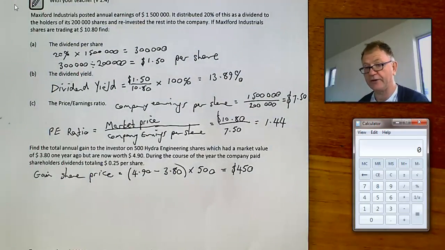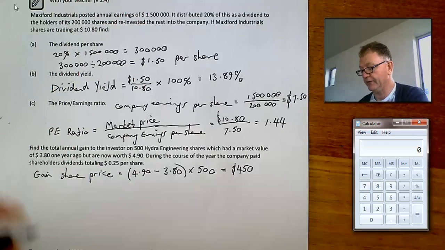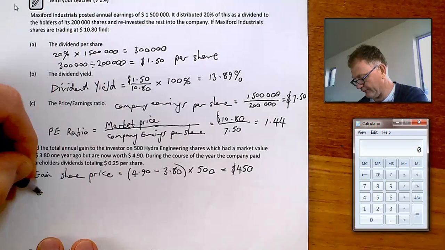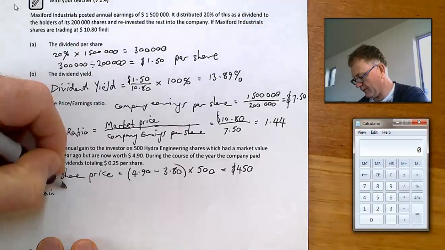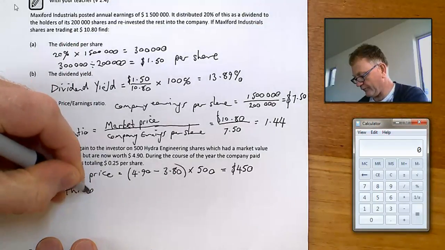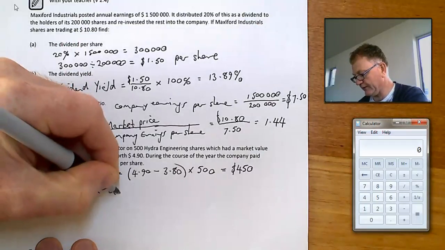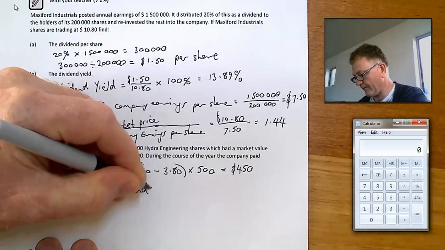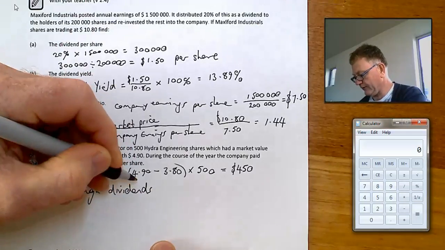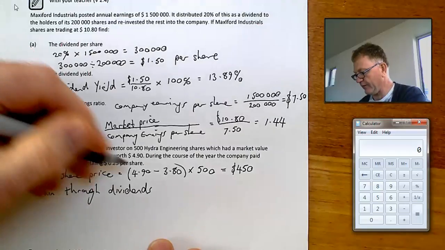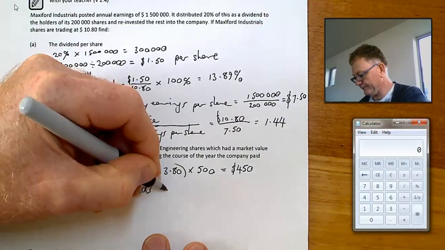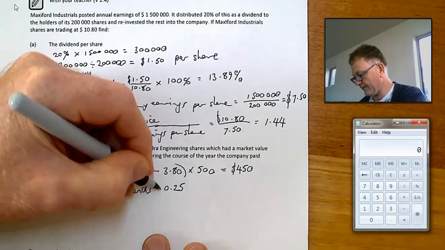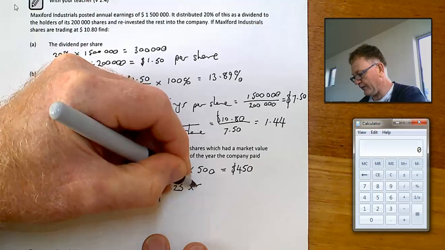Now he also gained through dividends that the company paid. The company paid 25 cents per share, and he had 500 of them. So he also gained through getting paid some dividends. So 25 cents per share times 500 shares.